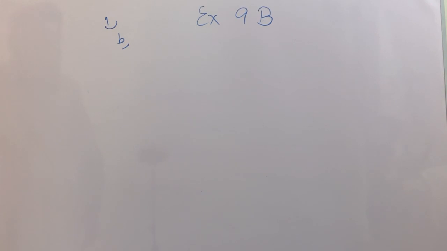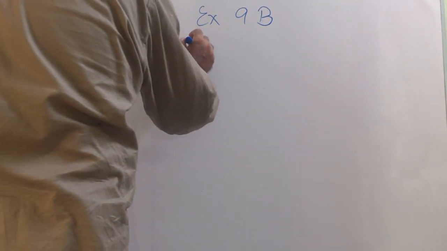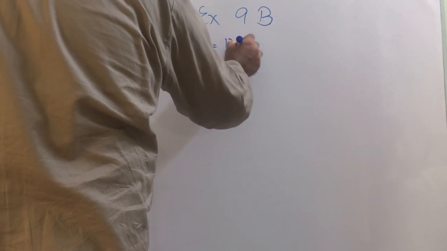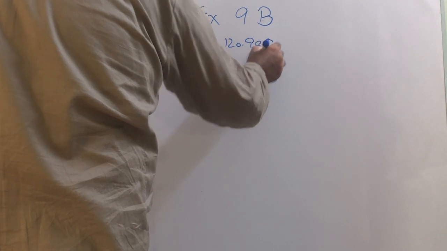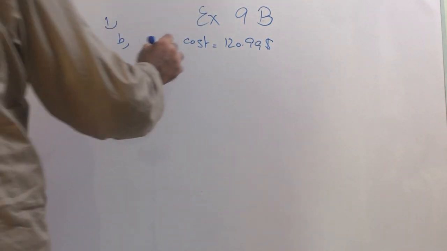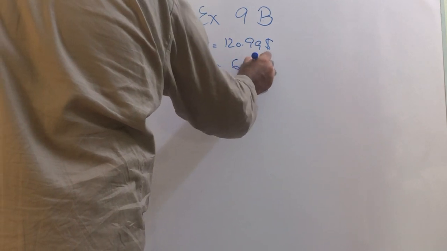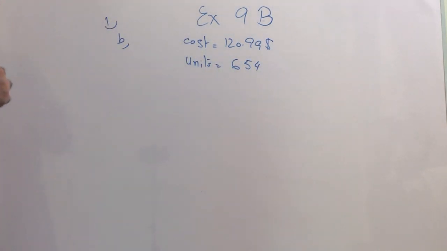If $120.99 is charged for 654 units of electricity, so cost is given, this much dollar for consuming units 654. We need to find the cost of 1 unit of electricity.